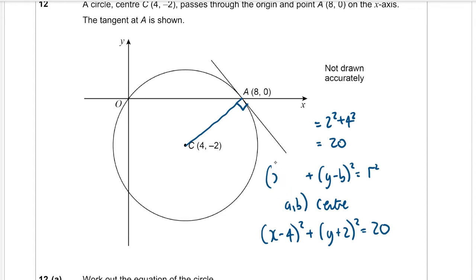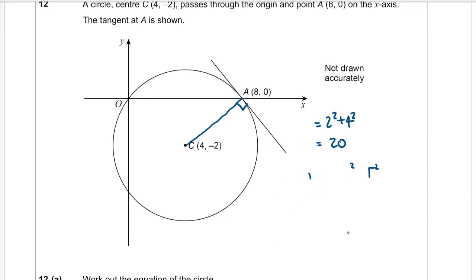Okay, so let's just get rid of this working. It's good to have the diagram near us when we do these types of questions. So the gradient of the radius, which I'm going to call m1, is equal to the change in the y, so it goes from 0 minus minus 2, over the change in the x, which is 8 minus 4.